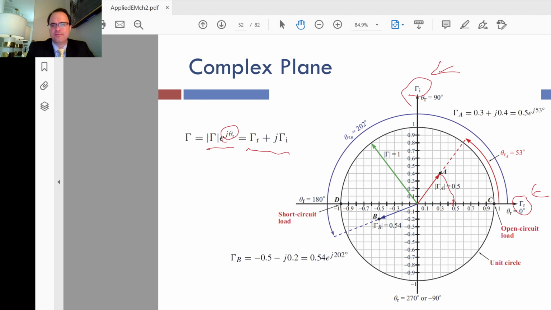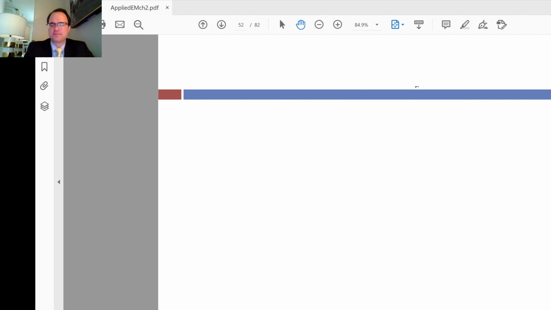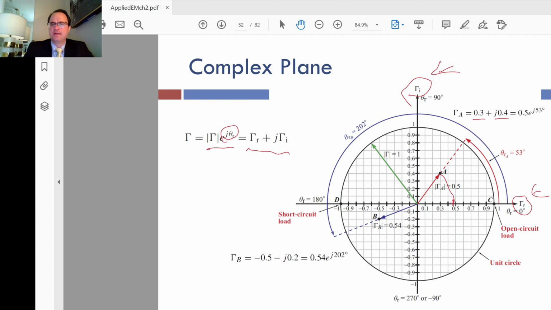So A, for example, in terms of real and imaginary parts, can be expressed as this up here. In terms of magnitude and phase, it has a magnitude of 0.5 and a phase angle, theta sub r, of 53 degrees.